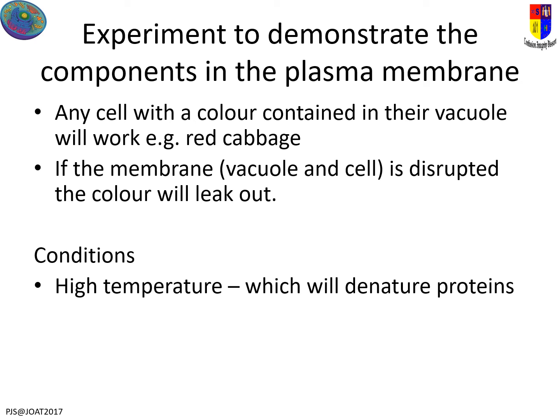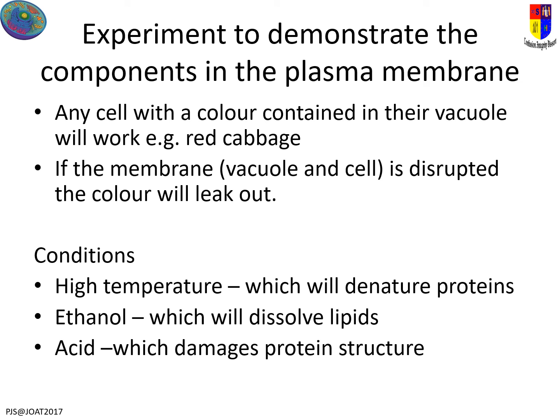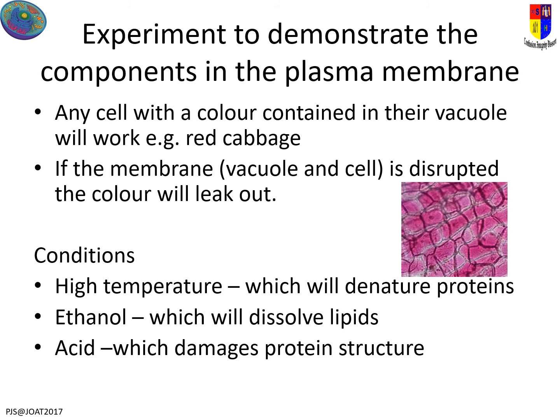So what you can do to prove that we have phospholipids and proteins, we can take a high temperature, which will basically cook the protein, change its shape, so things would leak out. We can use ethanol, which dissolves lipids, so that would get rid of the phospholipids, and we can use acid, which also damages protein. So temperature and acid are to check to see if there's protein there, and the ethanol is to check to see if there's lipids there.